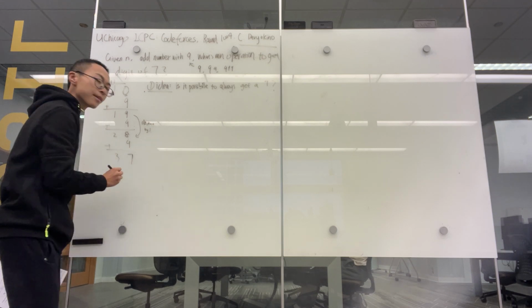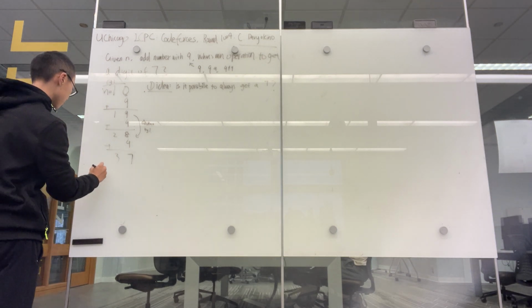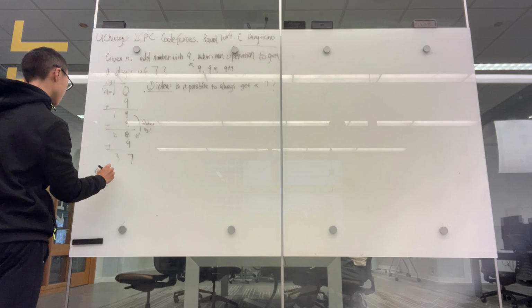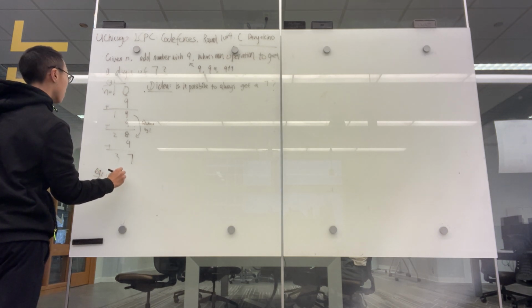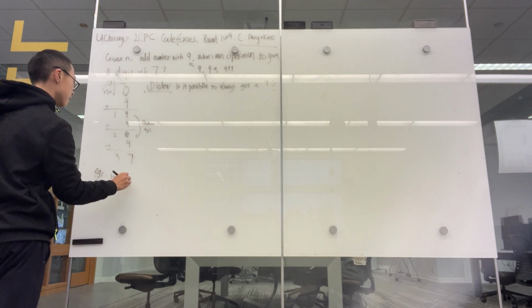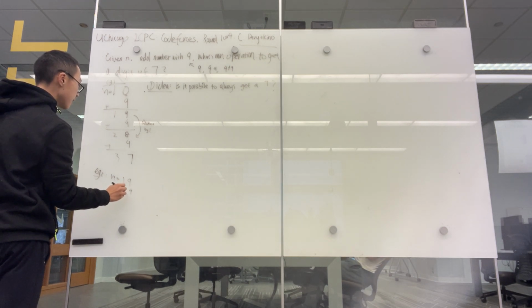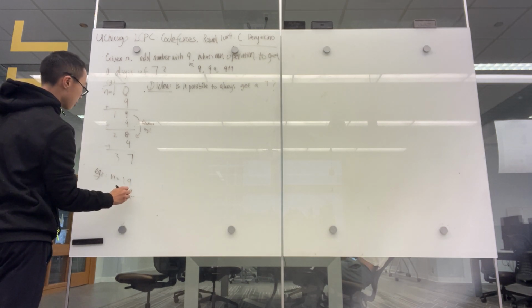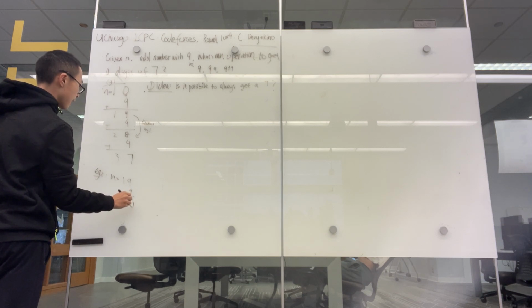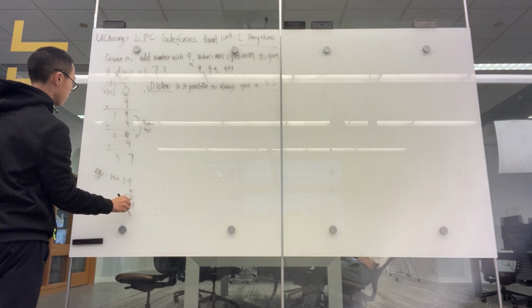Therefore, in example 2, if n is 19, we can just add a 9, and the last digit will decrease to 8, and then add a 9, and it will decrease to 7.